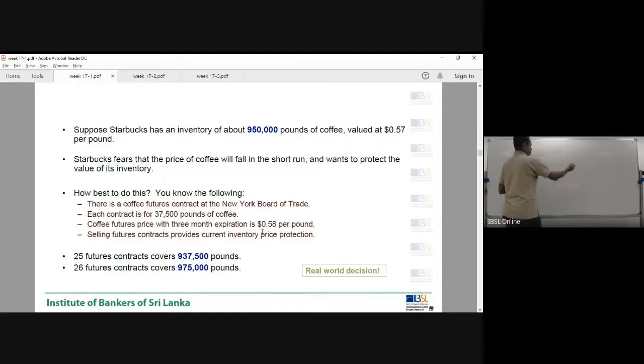They have bought coffee, so they are short of dollars. Coffee futures with 3 months expiry is going at 58 cents. Now they need to go short futures. Right.